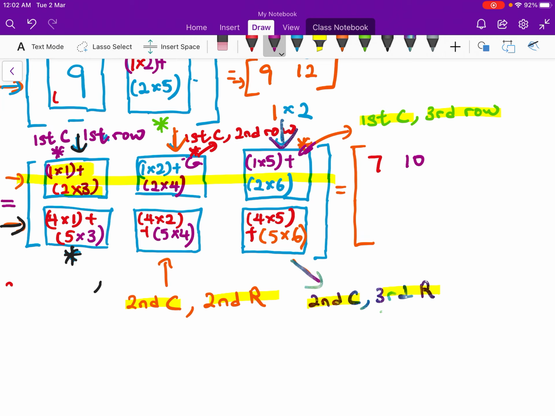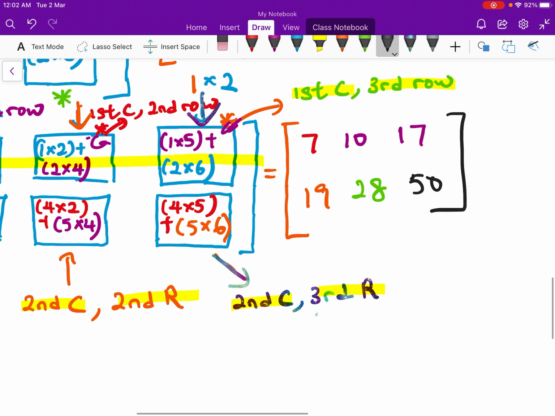For this is 5, 12, 17. Then this is 4, 15, 19. Then 8, 20 is 28. Last is 20 plus 30, 50. Now we are done with the multiplication.